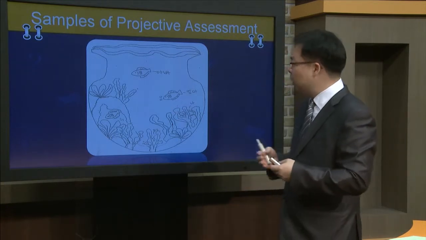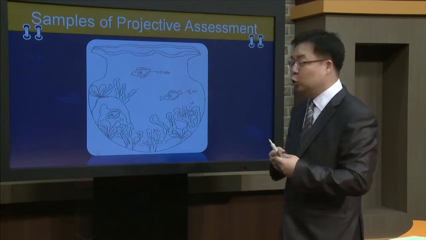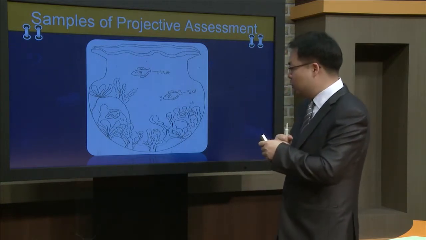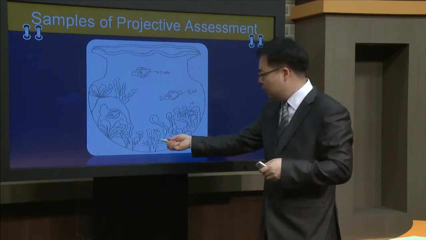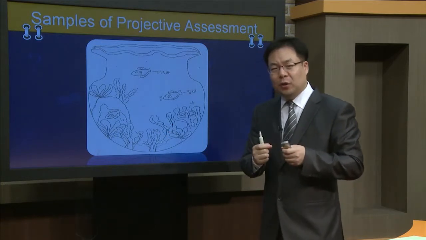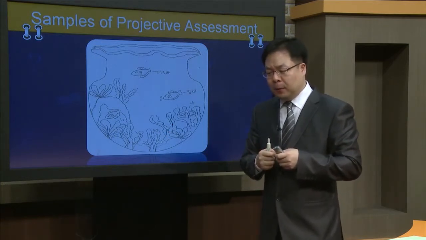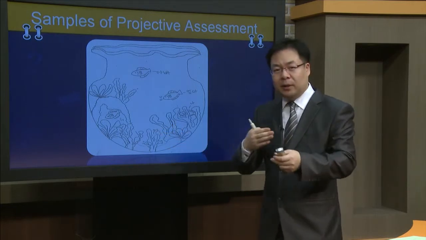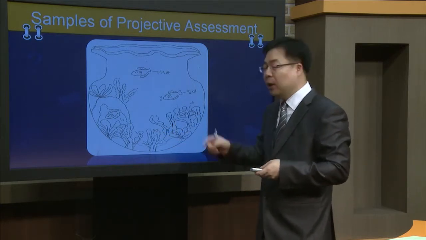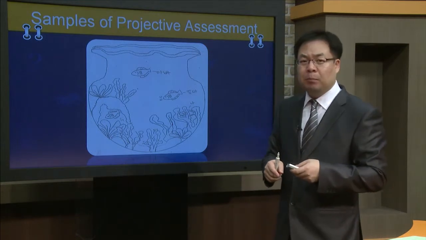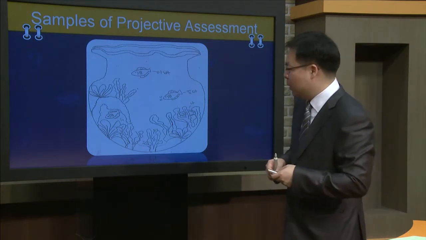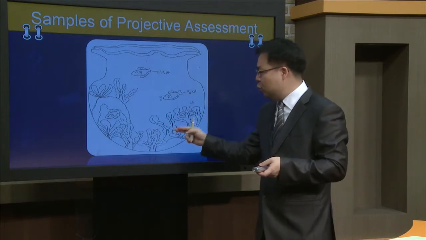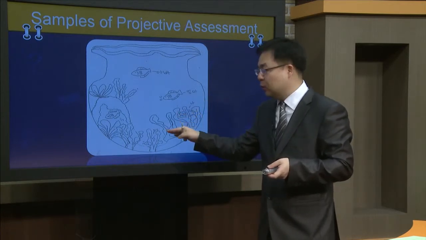So it's a pretty normal picture. But one thing that was interesting to me was, how about this younger brother? Why is he hidden, hiding behind the weeds? And the client said, I don't like him. That's why the client drew the younger brother in this way.